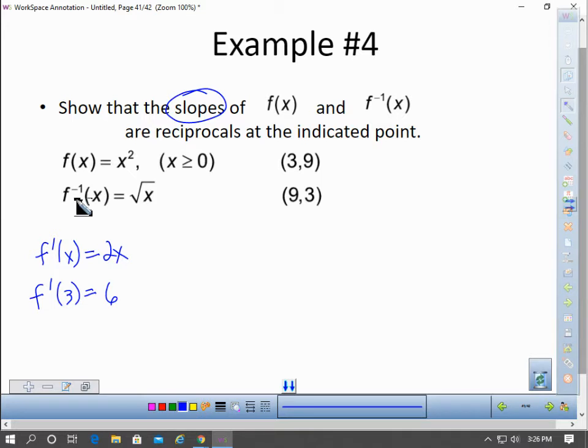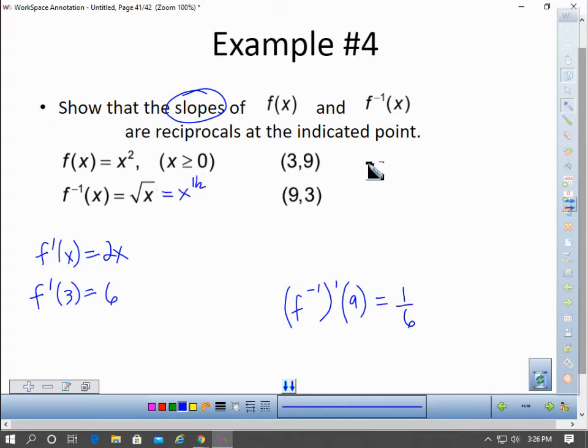So we should expect the slope of the inverse to be the reciprocal of this. So I'm expecting the slope of the inverse at the value of 9, I'm expecting that answer to be 1/6. All right, so let's show that that's true. All right, so we first have to do the derivative. So this is x to the 1/2.